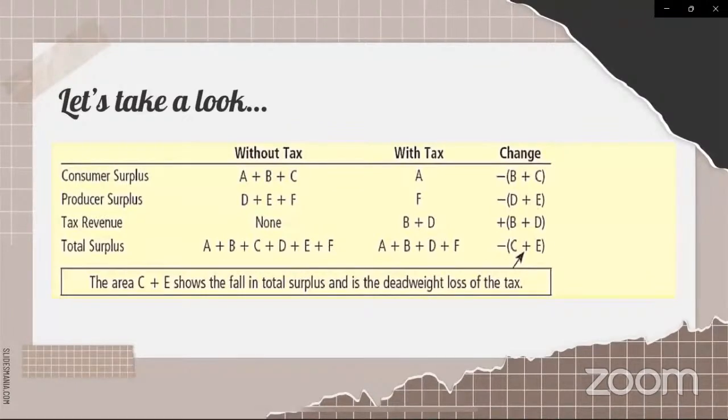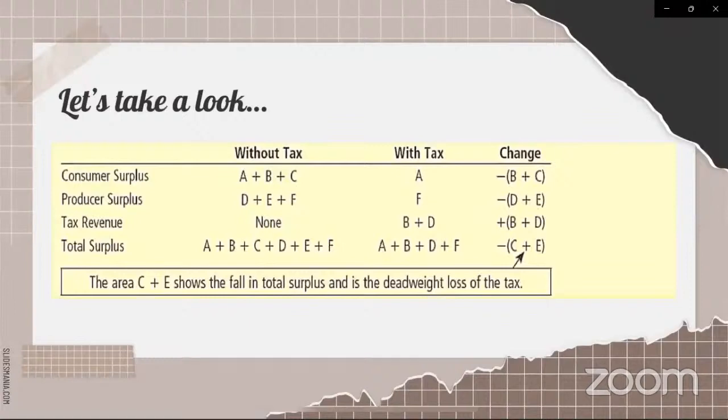The fall in total surplus that results when a tax or some other policy distorts a market outcome is called the deadweight loss. The area C plus E measures the size of the deadweight loss.